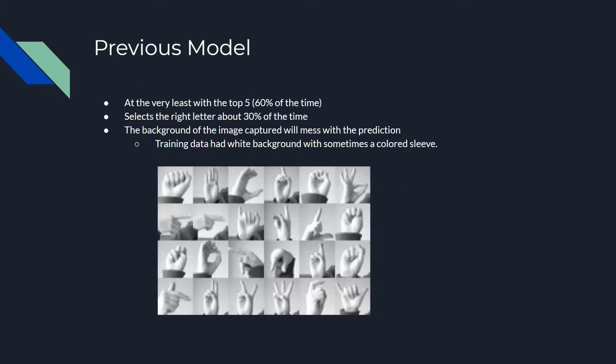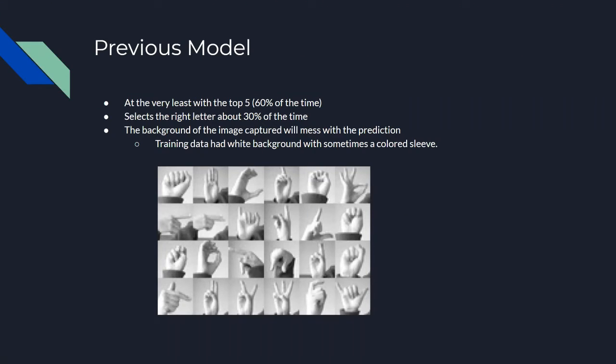Previously, when we first did this, our model only about 60% of the time had the correct choice in the top five. And only about 30% or 40% of the time, these are kind of averages or approximations, would it select the right letter.